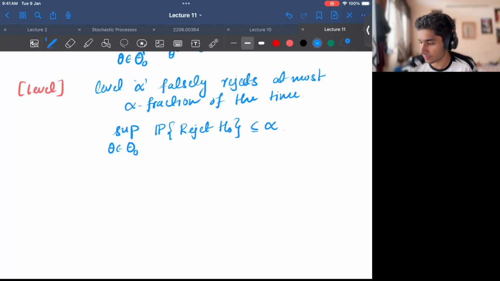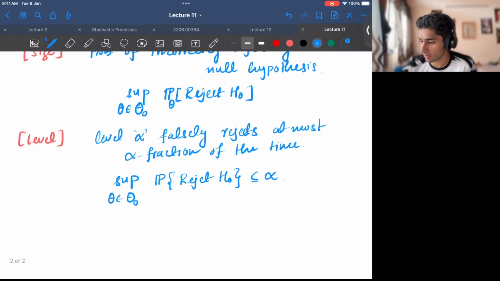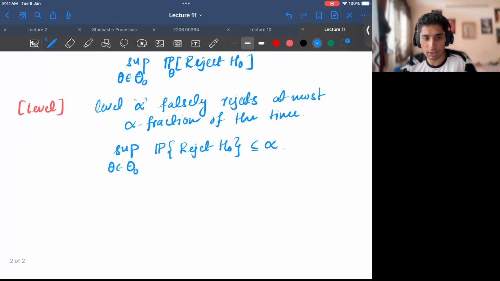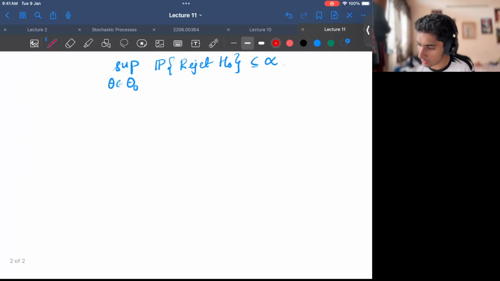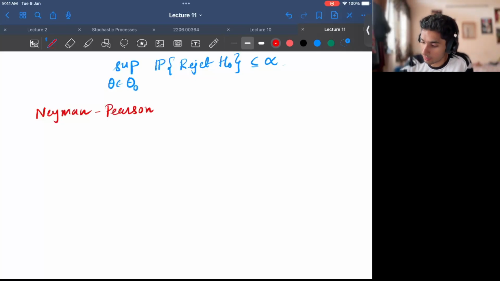So, the level of a hypothesis test is defined as follows. If all of this is known, then the last thing that we will do before we start solving problems is the Neyman Pearson lemma.